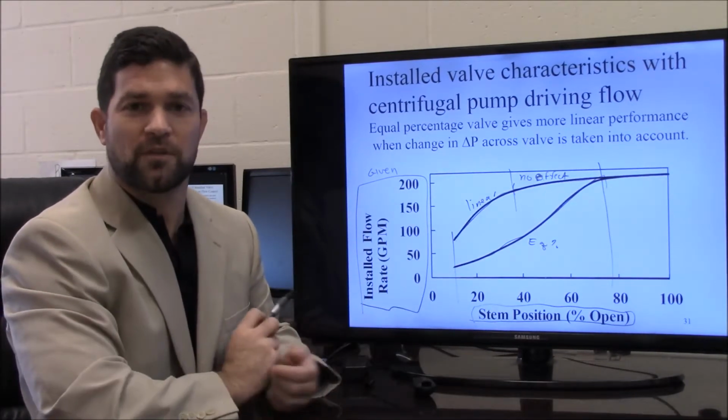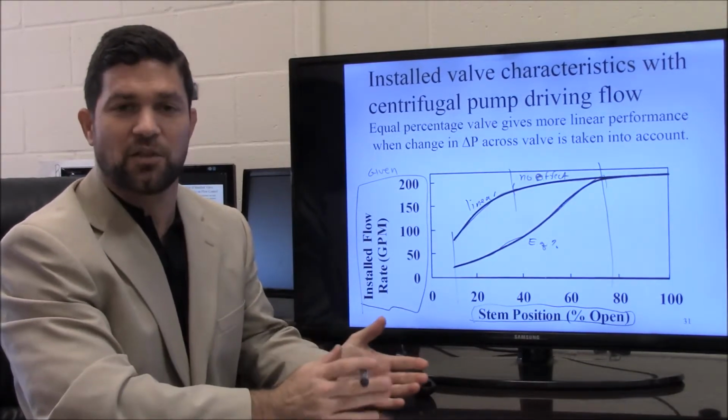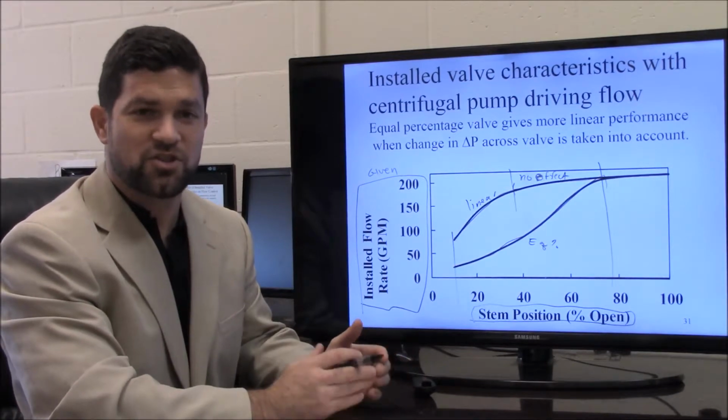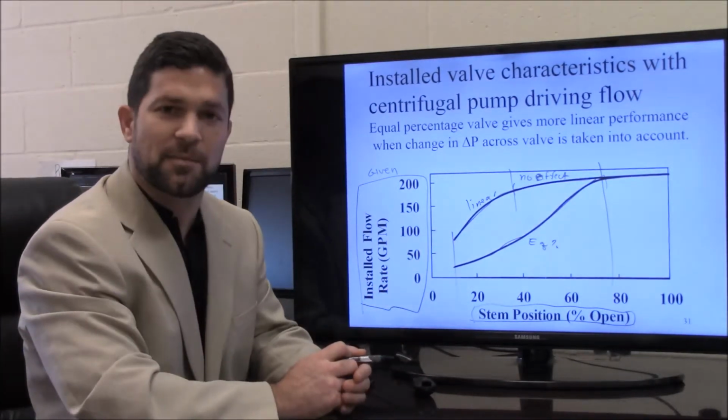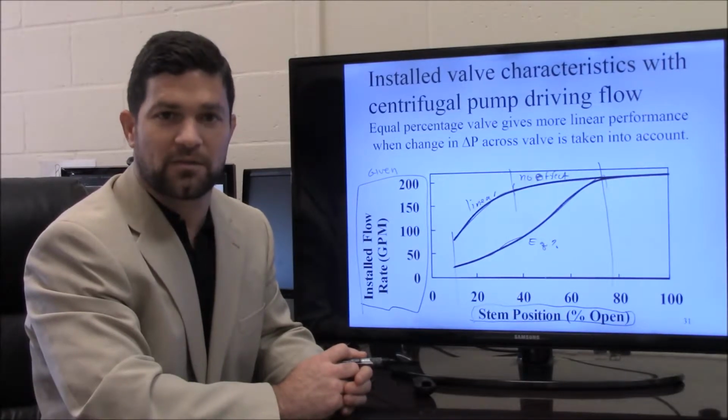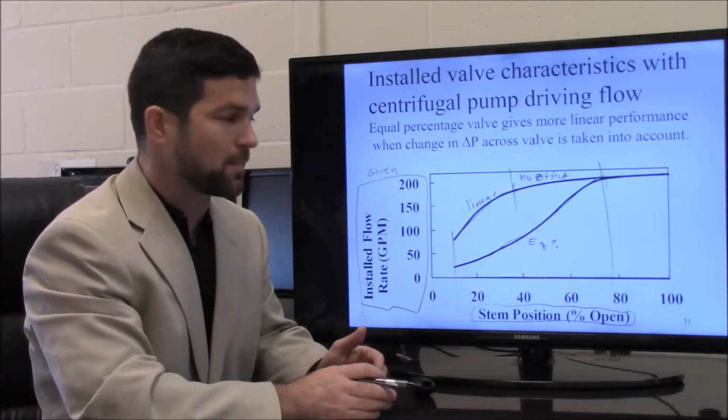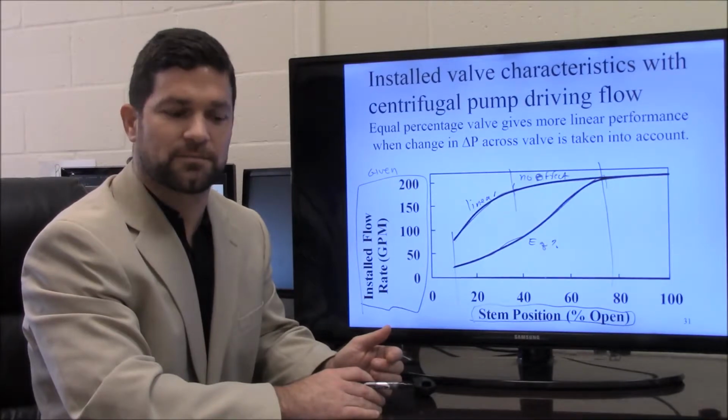So for pump-driven flow systems, where there is a large change in pressure drop across the valve, equal percentage valves typically give you better performance than a linear control valve.